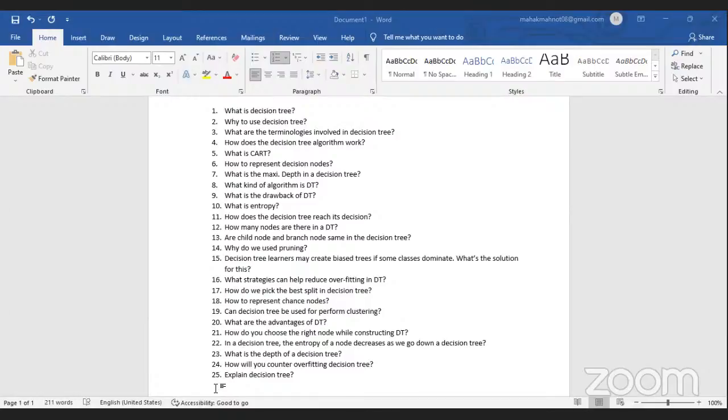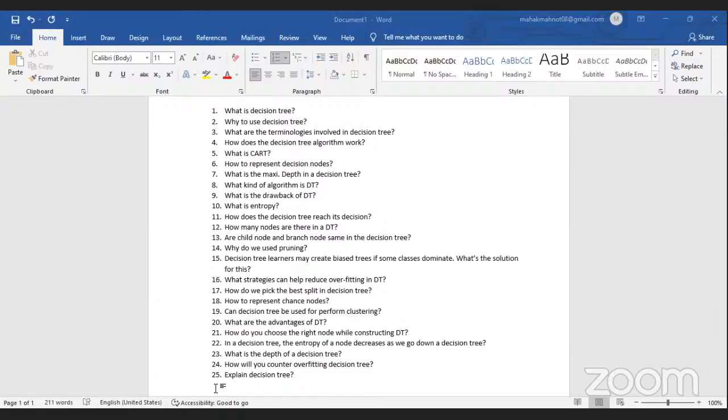So, a decision tree is a flowchart-like structure, a tree-like structure, in which each internal node represents a test on a feature. Feature means a column. Each leaf node represents a class label and branches represent conjunctions of features.